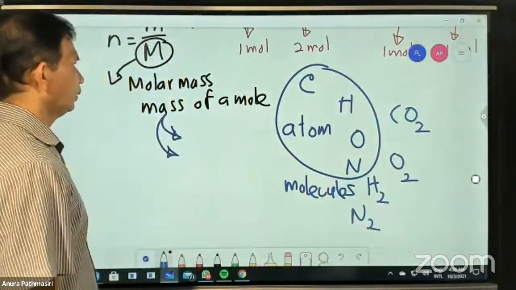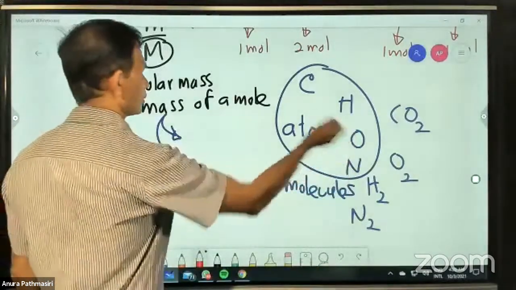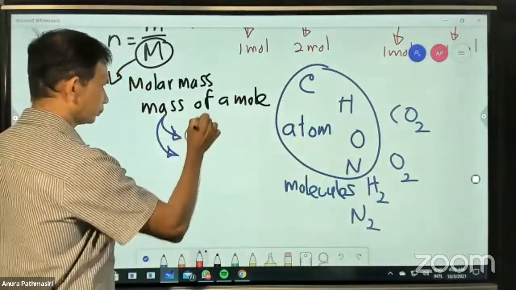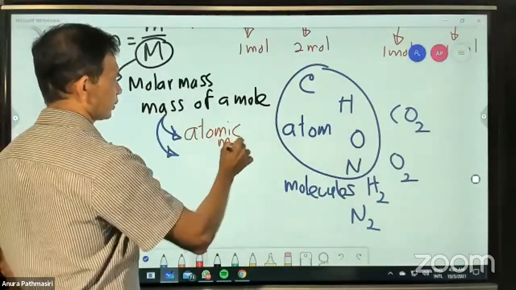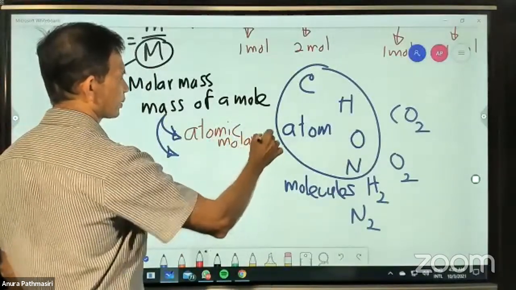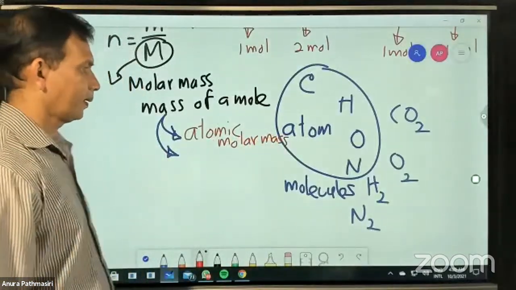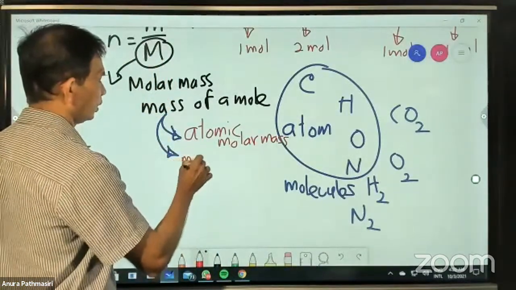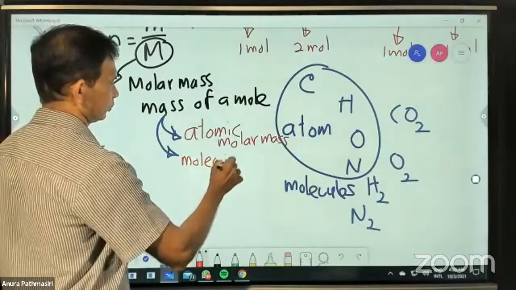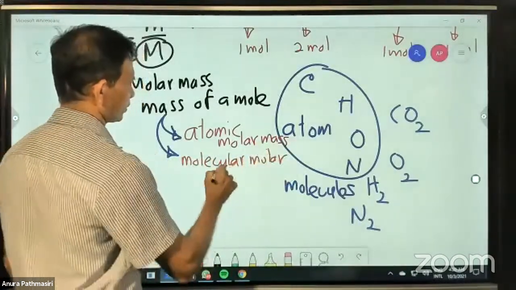Now, we have the molar mass of atoms, then we call it atomic molar mass. Second, molecules. You get molecular molar mass.